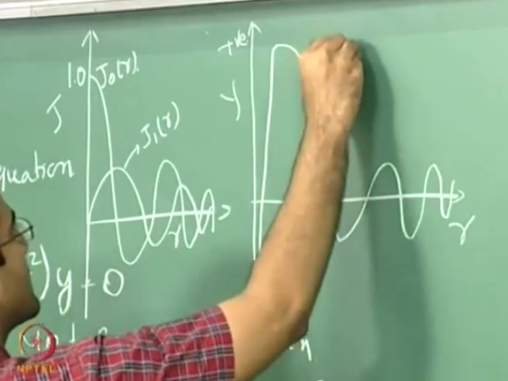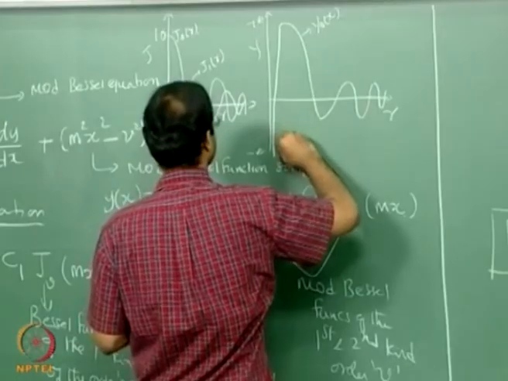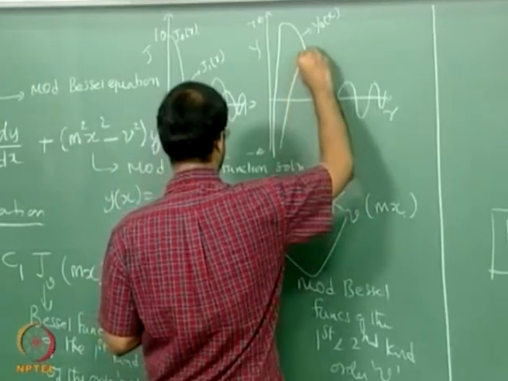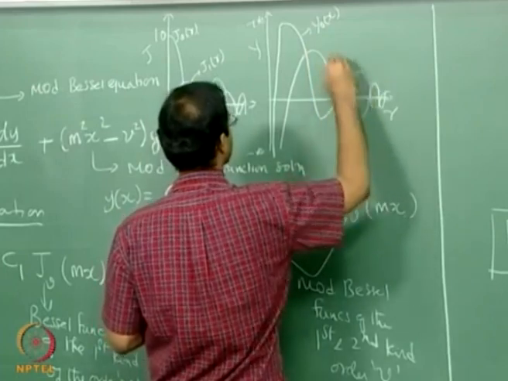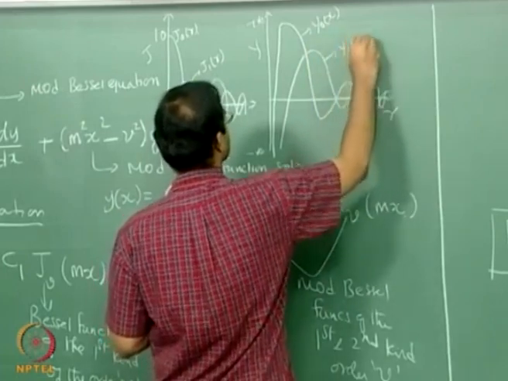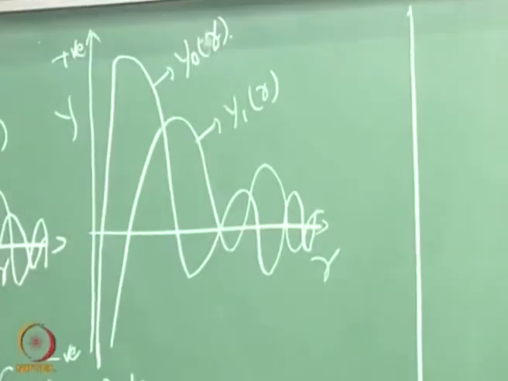So this is your Y0 of x, and you will find that Y1 will have another behavior like this, Y1 of r, Y0 of r. So this is how your Bessel functions behave.